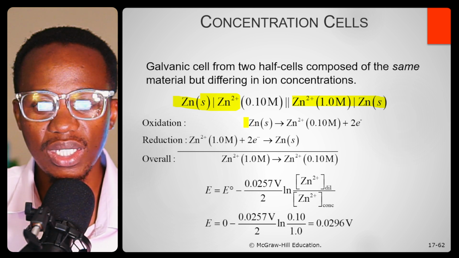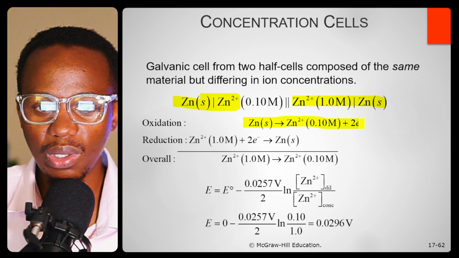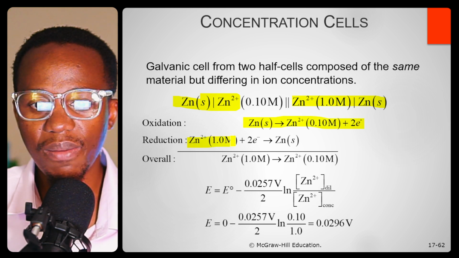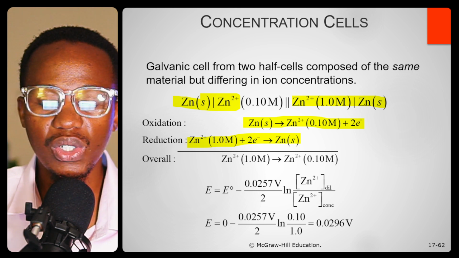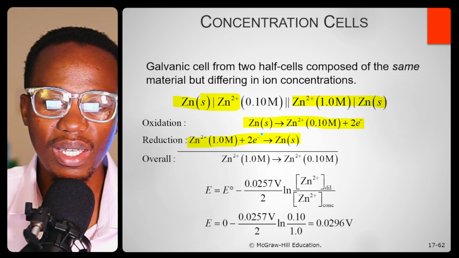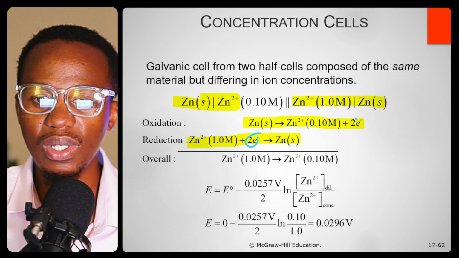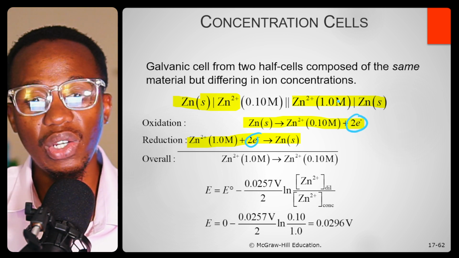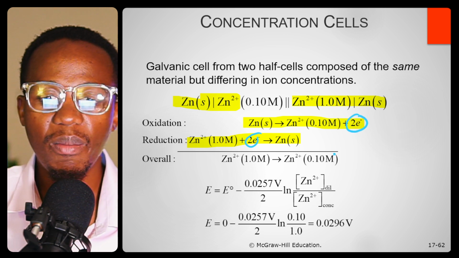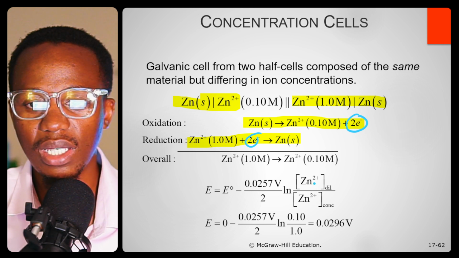Oxidation will happen where you have low concentration. Reduction will happen where you have high concentration. And guess what? We end up having a movement of electrons, even though it's the same chemical, just at different concentrations.